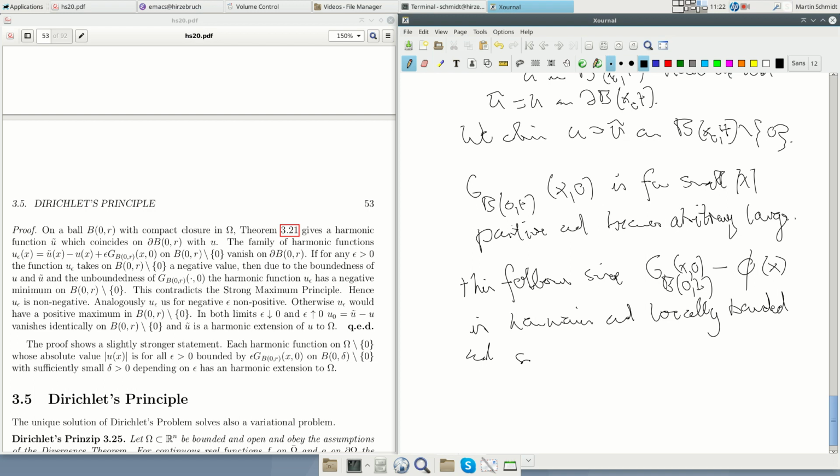And since phi of x is positive and becomes arbitrarily large for small x.